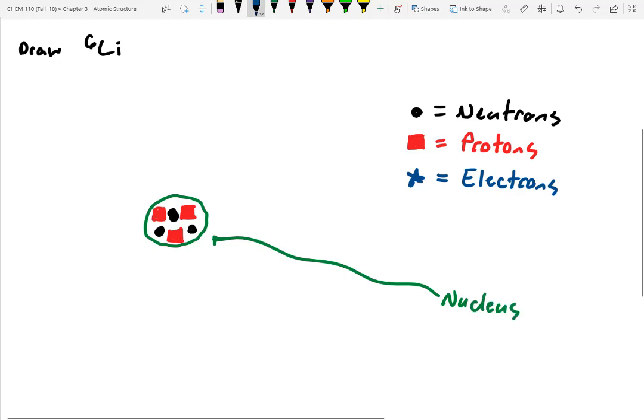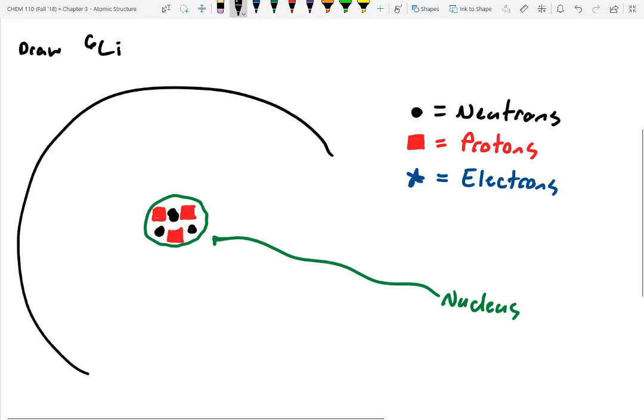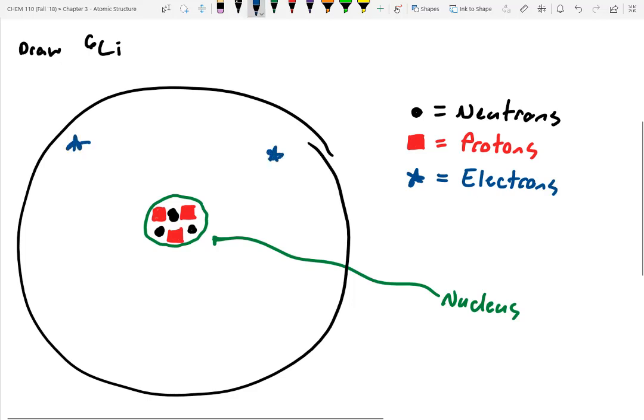And then you have this big cloud going around it. This is where the electrons are. All right, how many electrons must we have? 3. It must balance out the protons, assuming there's no charge. So I'll just draw 1, 2, 3 like that. So sometimes it is helpful to draw these using a pictorial representation.